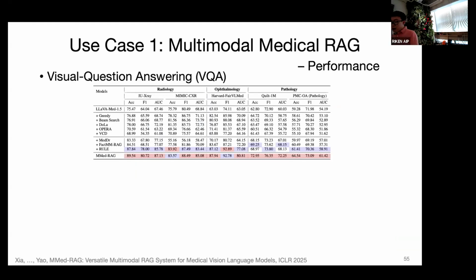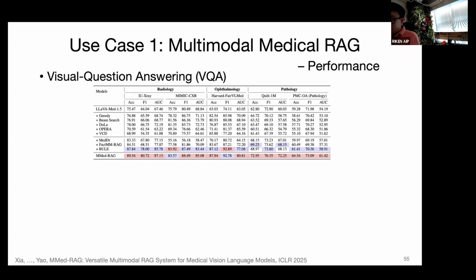Okay, so we apply this to LLaVA-Med. The first line is the original model, LLaVA-Med 1.5, and also some ways to reduce the hallucinations for LLaVA-Med 1.5, and also several retrieval-based methods. And we can also see the improvements of MMed-RAG.